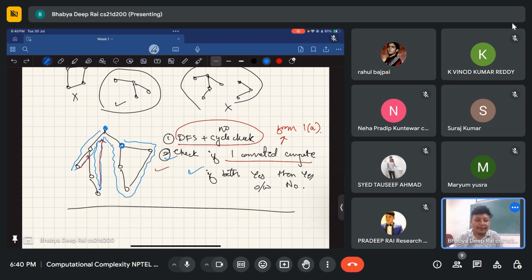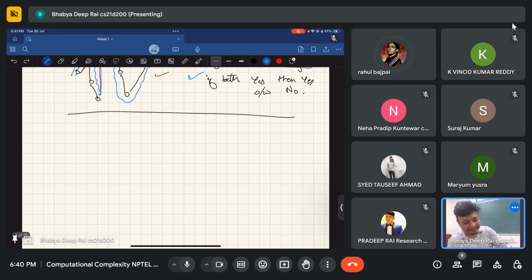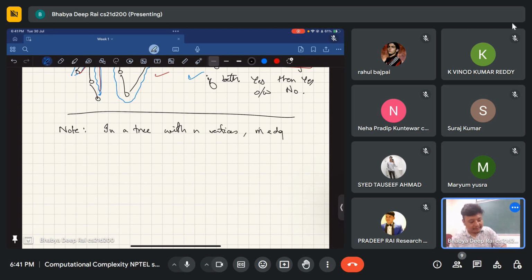Yeah, Rahul. A tree can have n vertices and n minus 1 edges. Right. Good. Note that in a tree with n vertices and m edges, m is exactly equal to n minus 1.